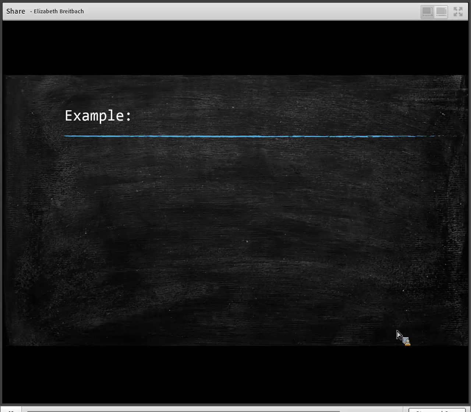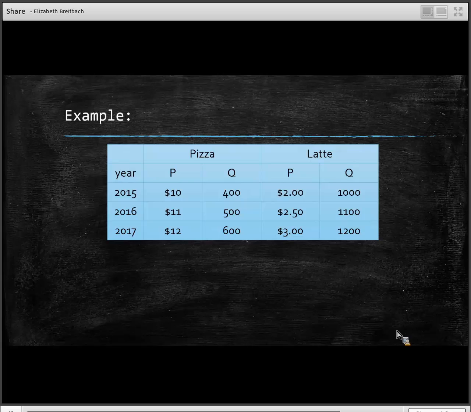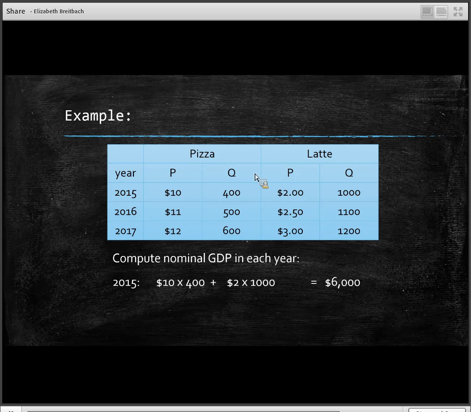So let's go through an example of calculating real and nominal GDP. So let's go through nominal. And again, we're going to use current prices and then think about that in relation to the current quantities. So if I said we were going to calculate GDP in 2015, we take the price of pizza, and we're going to assume only two goods here. So these are the two goods.